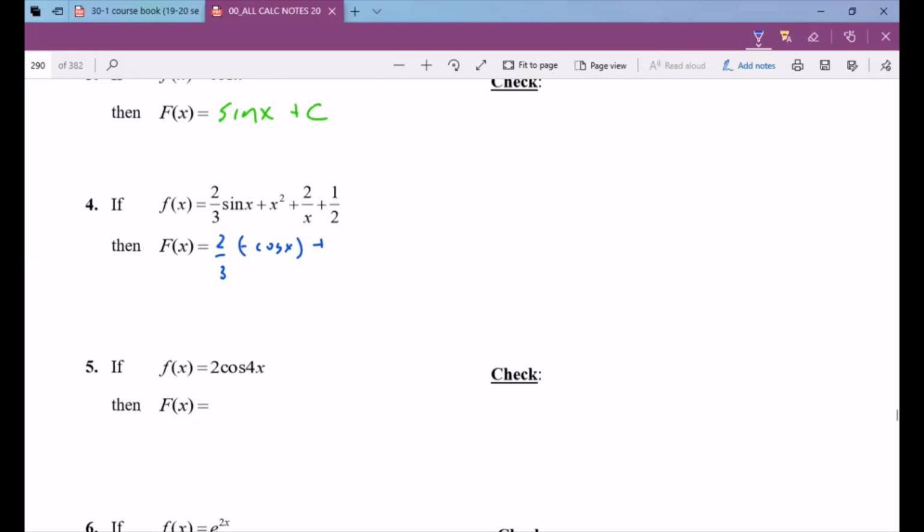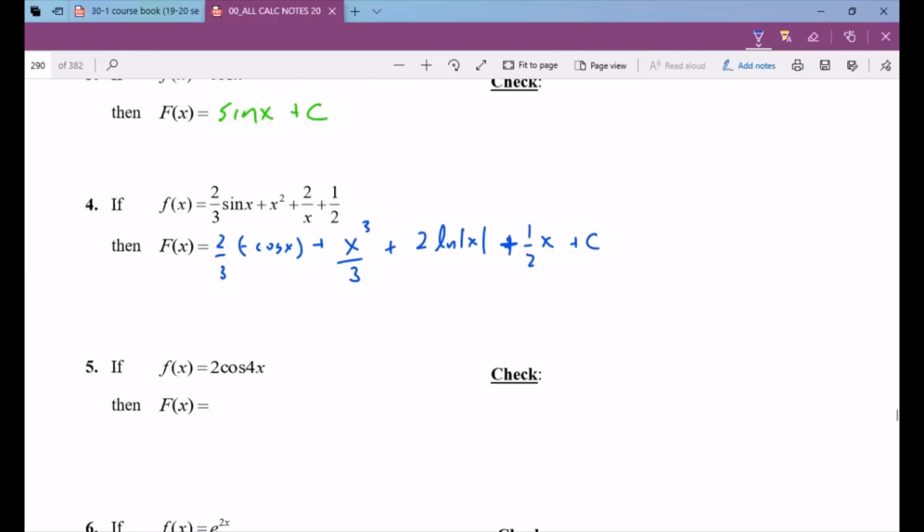X squared means I'm going to have x to the 3 over 3. 2 over x means we had 2 ln x, absolute value, before differentiating. And then 1/2 is just 1/2 x. All of this, and then plus c.